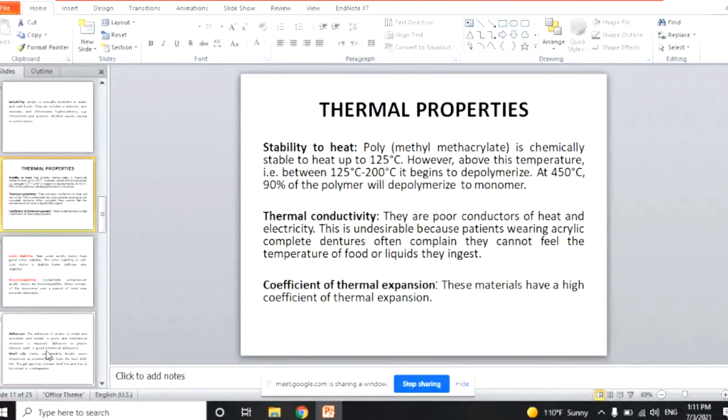About the thermal conductivity, it has a poor thermal conductivity, so the patient cannot feel hot and cold food. About the coefficient of thermal expansion, it is high.